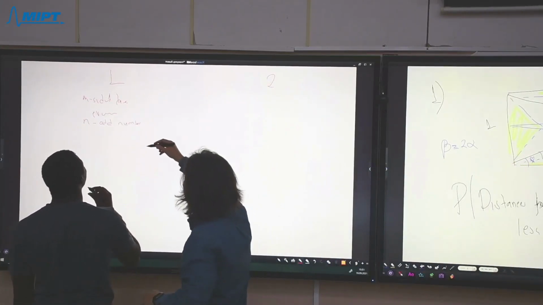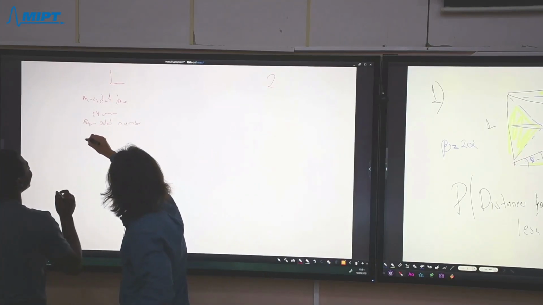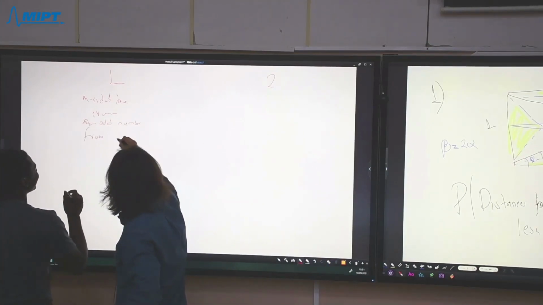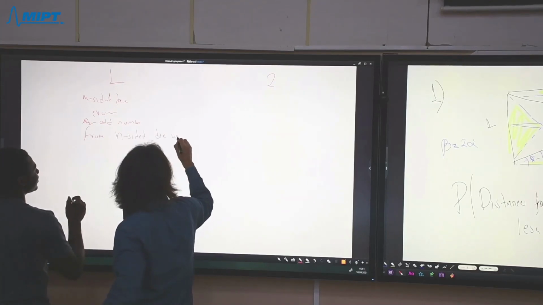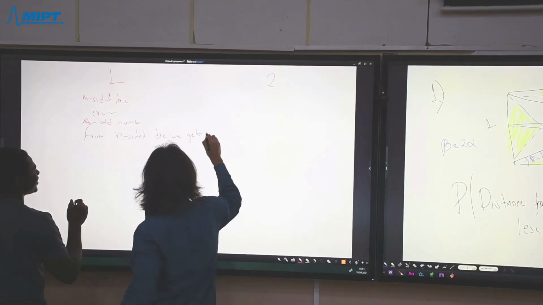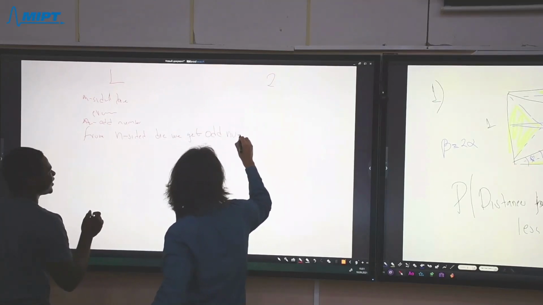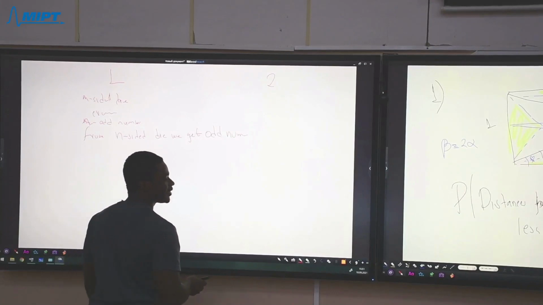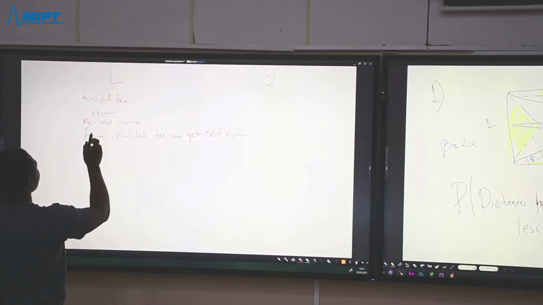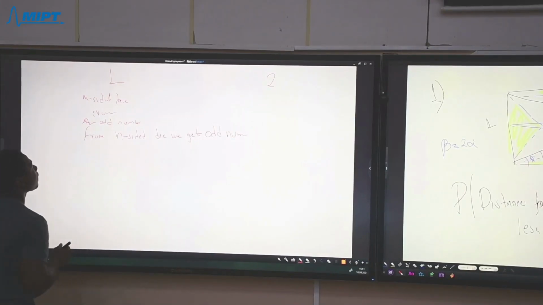From the n-sided die we get an odd number. Okay, now how many possible odd numbers do we have from 1 to n?